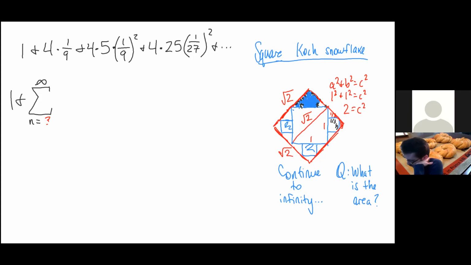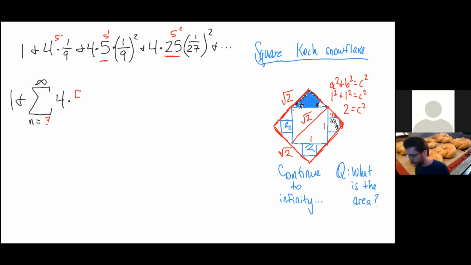In each of these, I have 4 times something, because there were 4 sides to my snowflake. So I'll put a 4 times, and it looks like in each of these I have 5 to a power, right? This is 5 to the first power. This is 5 to the second power. 5 to the 1, 5 to the 2. And I could make an argument that there's a 5 to the 0 hiding here, because 5 to the 0 is 1.